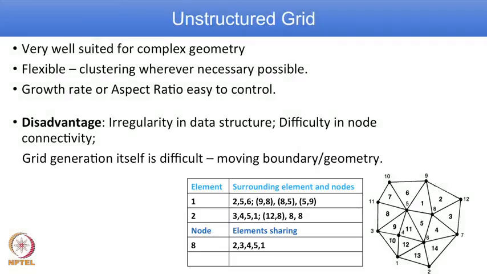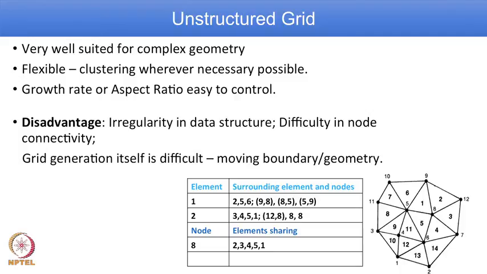So, one has to build a table explaining elements and surrounding element nodes. For example, element 1 has neighboring elements 2, 5, 6. Elements 1 and 2 share nodes 9 and 8, which is what is given here in the bracket.